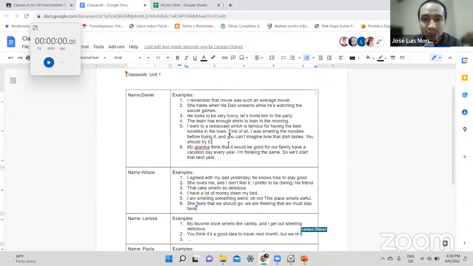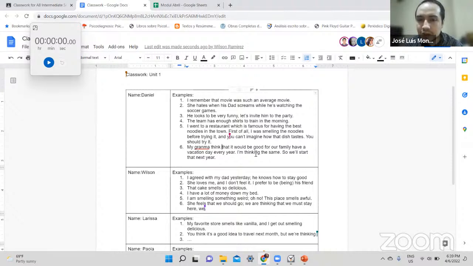In the next one, my grandma thinks that it would be good for our family. Think is correct over here because it's opinion, right? It's like belief. I'm thinking the same. All right, if it's the process that you're doing in your head, it's also very good, Daniel. I think I have no observations over here.